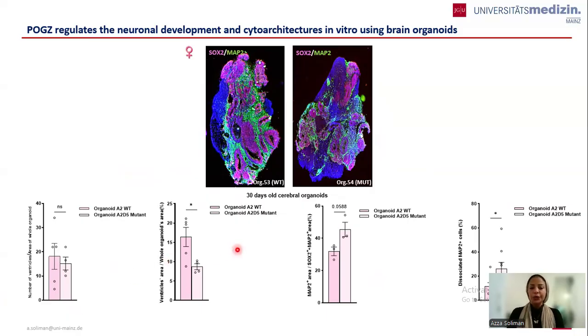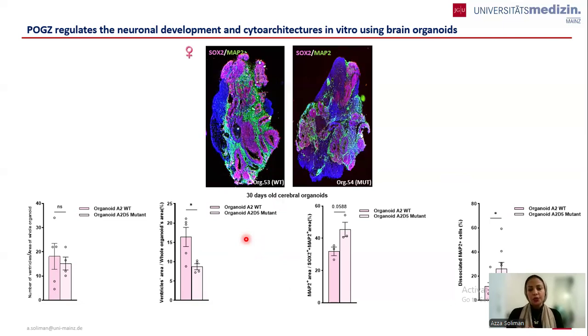But when we look at the area, so how big the area of the SOX2 positive ventricular regions is, we could see a significantly higher area of the ventricles in the wild-type organoids compared to the CRISPR mutant organoids.